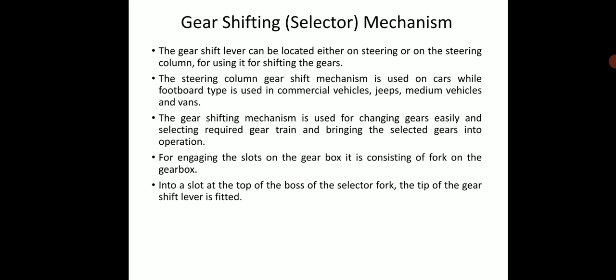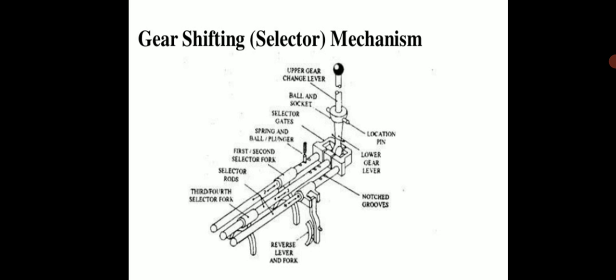The gear shifting mechanism is used for changing gears easily, selecting the required gear train and bringing the selected gears into operation. For engaging the slots on the gearbox, it consists of a fork. The tip of the gear lever is fitted into a slot at the top of the boss of the selector fork. This is the gear shifting selector mechanism diagram.